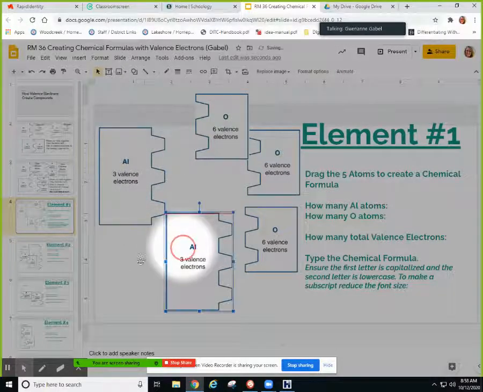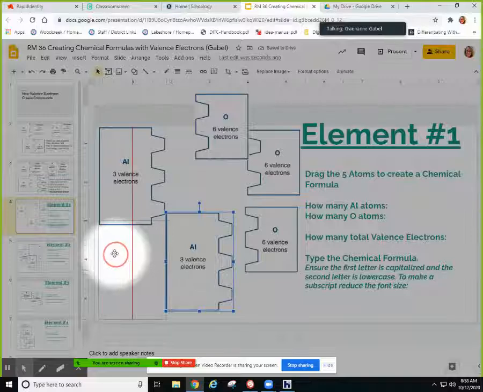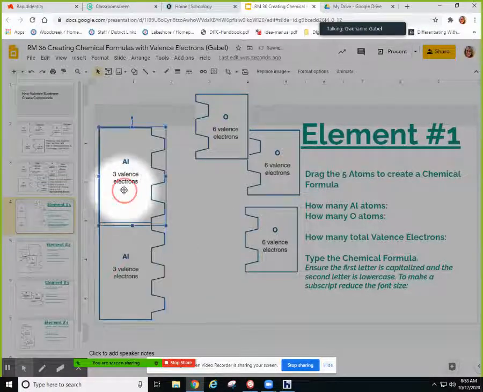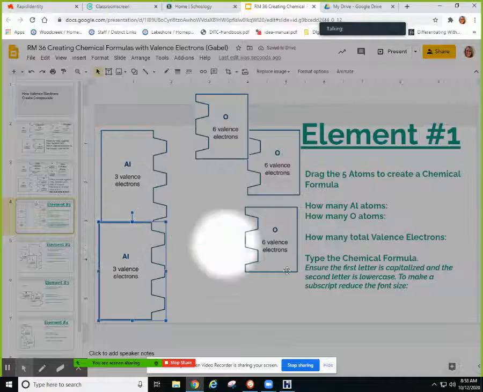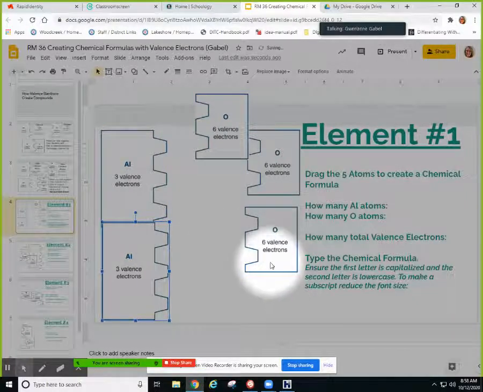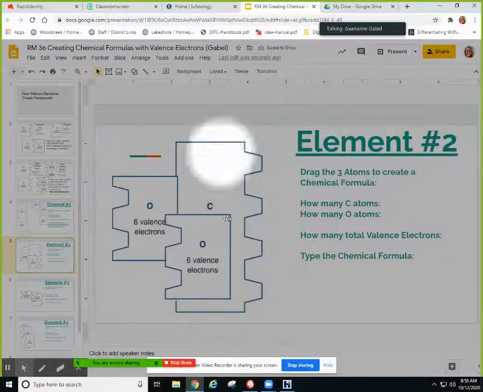So I think that we're going to have to put the aluminums together. Okay, so we have 2 aluminums. Give me 1 second. See if I can make them even formatting wise. All right. Oops.